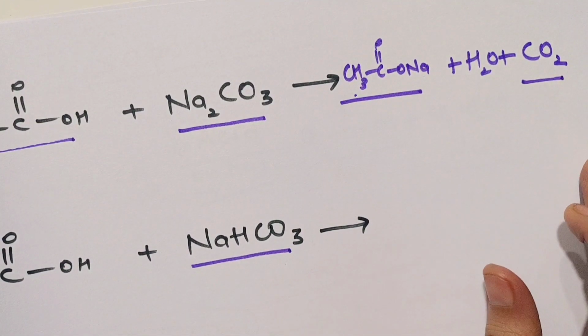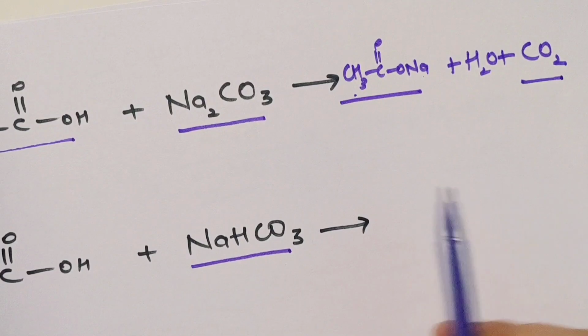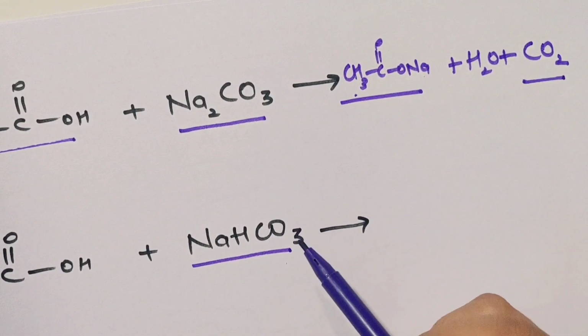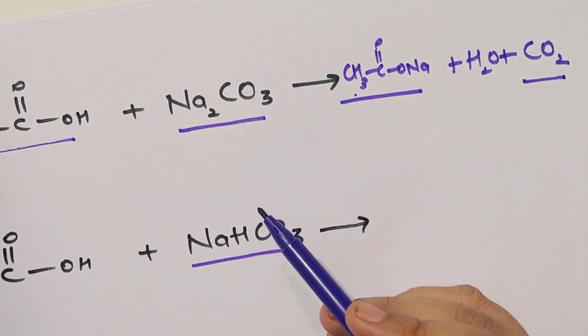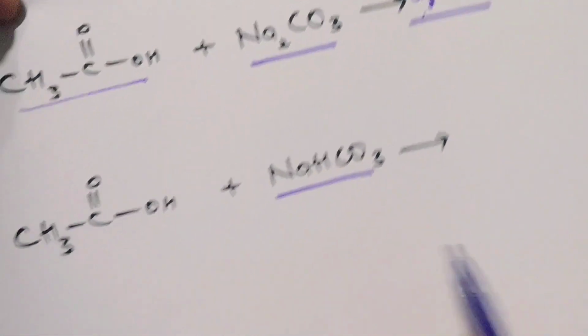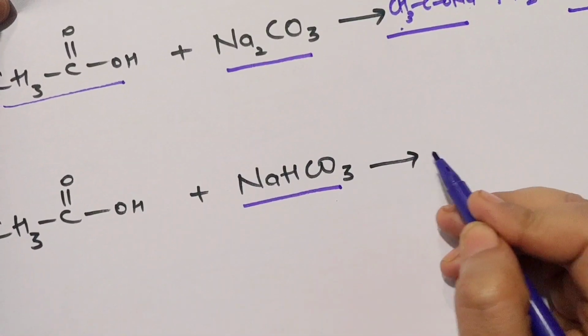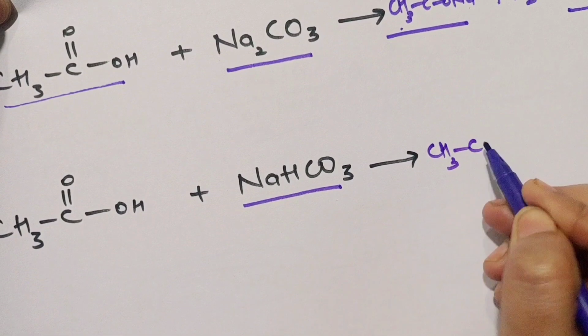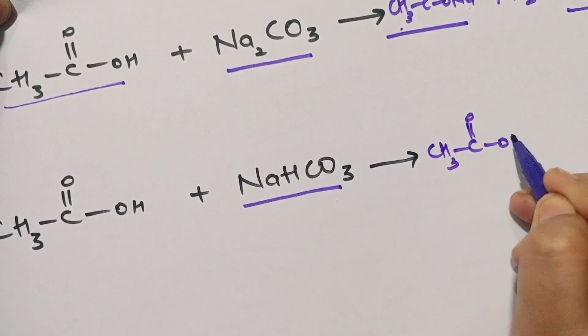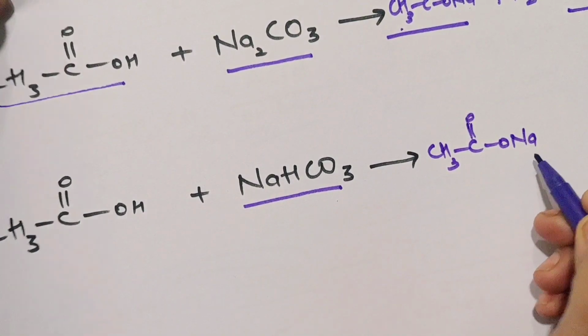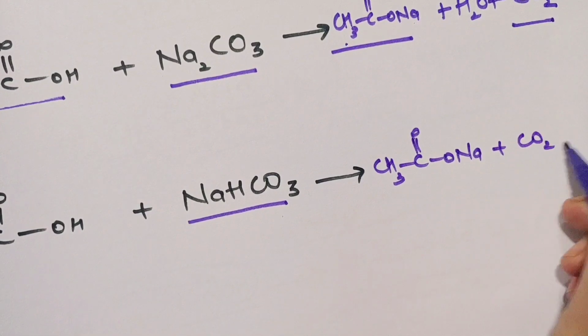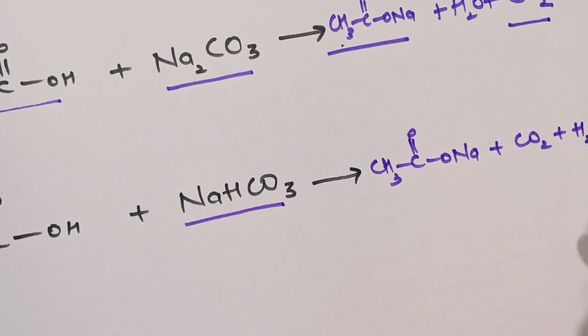Carbon dioxide would always be released upon reaction of carbonates and hydrogen carbonates with acids, any acids. Okay, so same here. You would get sodium salt of the acid plus carbon dioxide plus water.